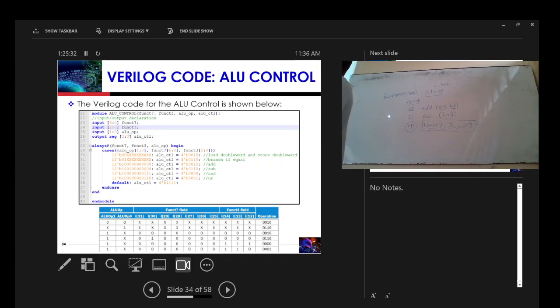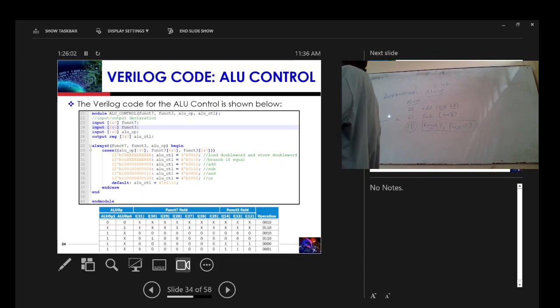we are getting an input, right? That input will not be x x x x, right? That input will be function 7. The function 7 will have an actual value. Probably it will be 0, 1, 0, 0, whatever, 7 bits. And then the function 3 will also have a value. So if you say you want to hard code all of these values, you're going to take a very long time.